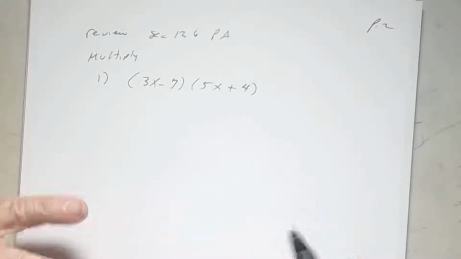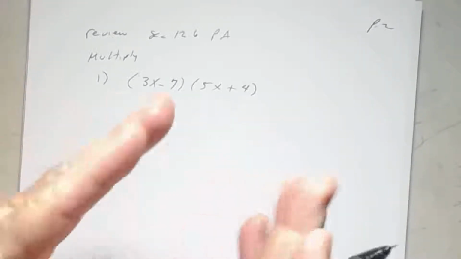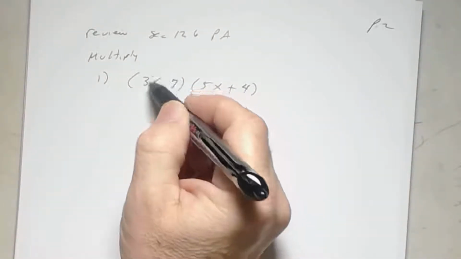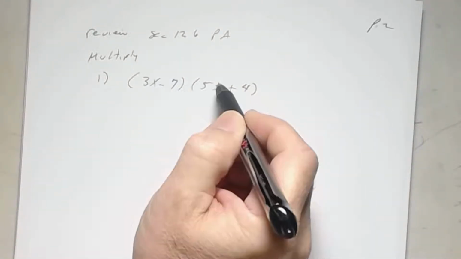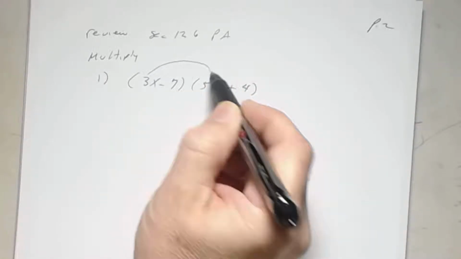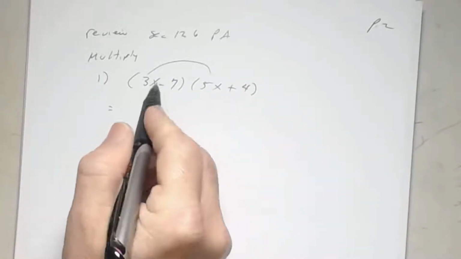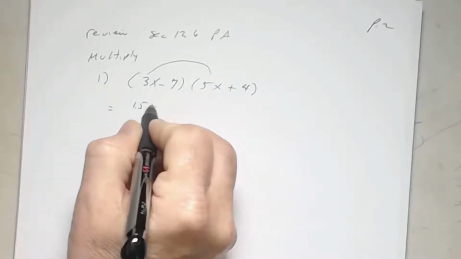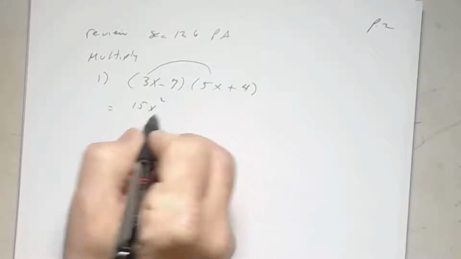So when I do the FOIL, the F stands for the first term of each binomial. The first term in this binomial is 3x. The first term in this binomial is 5x. So 3x times 5x is what? 15x squared. All right.